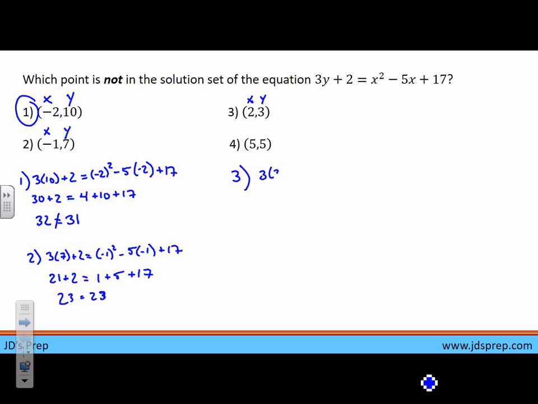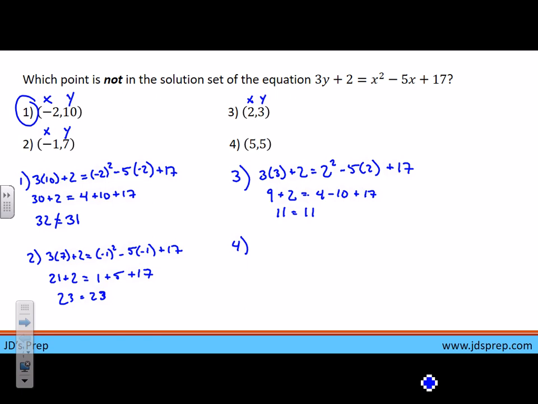I would have 3 times 3 plus 2 equals 2 squared minus 5 times 2 plus 17, which would give me 9 plus 2 on the left equals 4 minus 10 plus 17. 9 plus 2 on the left is 11. 4 minus 10 is -6. -6 plus 17 is also 11. So the point 2, 3 is a solution of the equation.